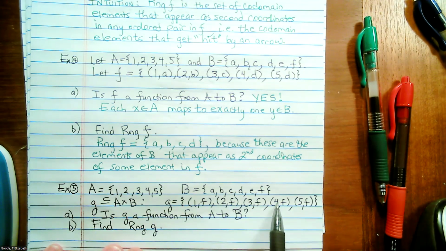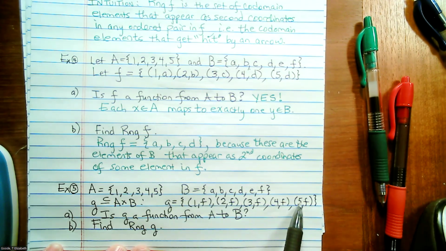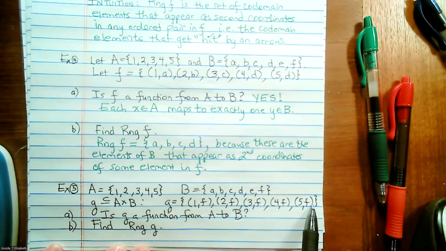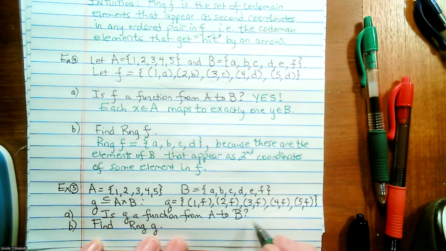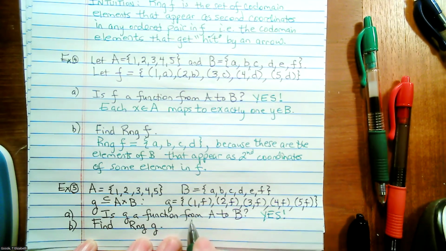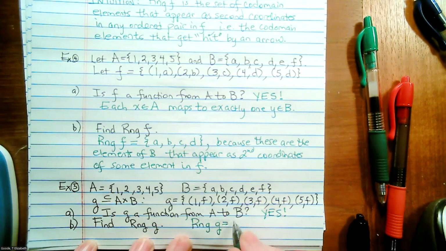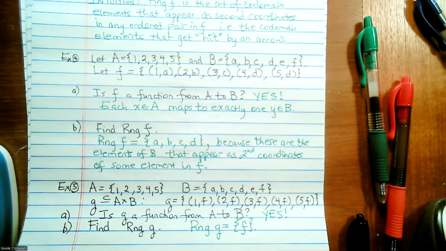So every element of the domain A maps to the same element, namely little f of B. So it's definitely a function because 1, 2, 3, 4, and 5 each appear exactly once as the first coordinate, and their second coordinates are elements of B, namely the element f. So yes, that's a function, it's actually a constant function, and the range of any constant function will just be a singleton set. In this case, the range of G is the singleton set containing the element little f.